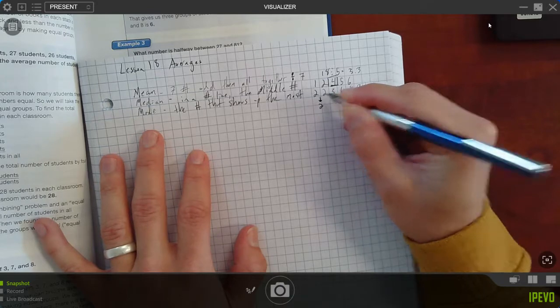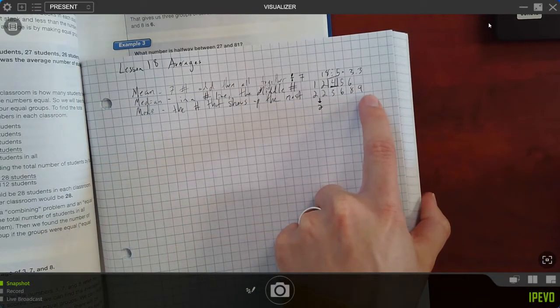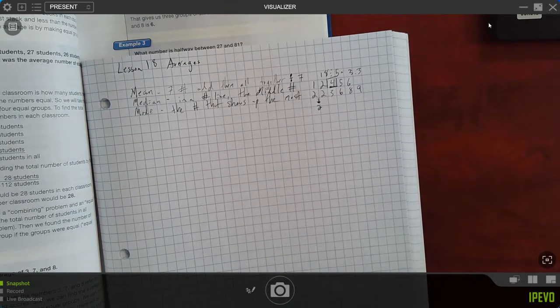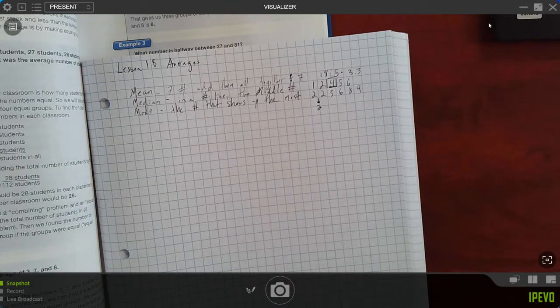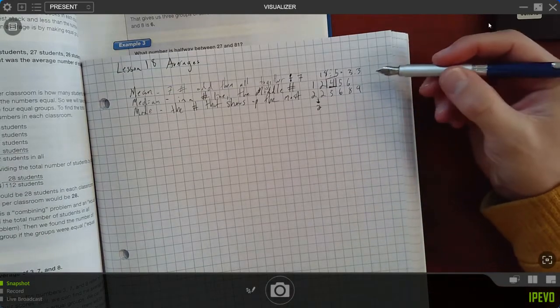Because you have 2 2s and all the other numbers are 1. Even though most of the numbers are actually kind of higher, and if we did a mean average here, we would get a much larger number. Our mode ends up being way smaller, okay? We'll go into those later. Our book only wants us to know mean right now, and that's fine.